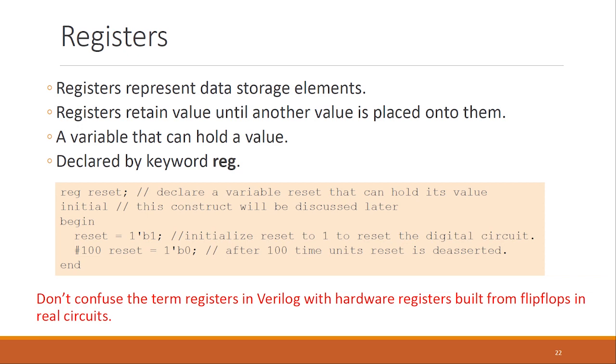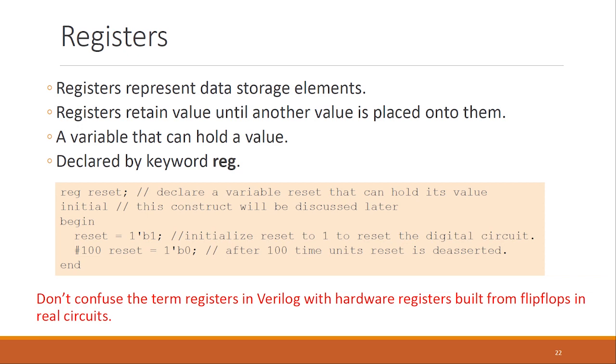This register data type is similar to usual variables that you see in C. These register type variables can be declared by using the keyword reg. That is the keyword that you need to use to declare registers in Verilog. A couple of examples have been given here. It's an example that tries to assign a value to a variable that has been declared as a register.